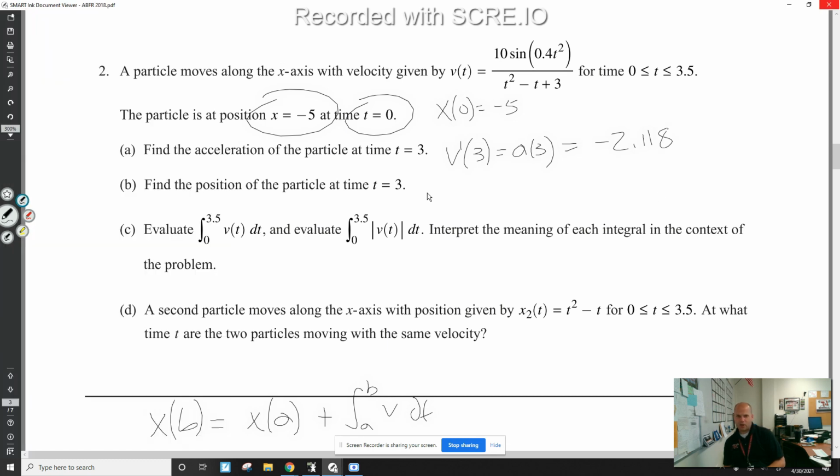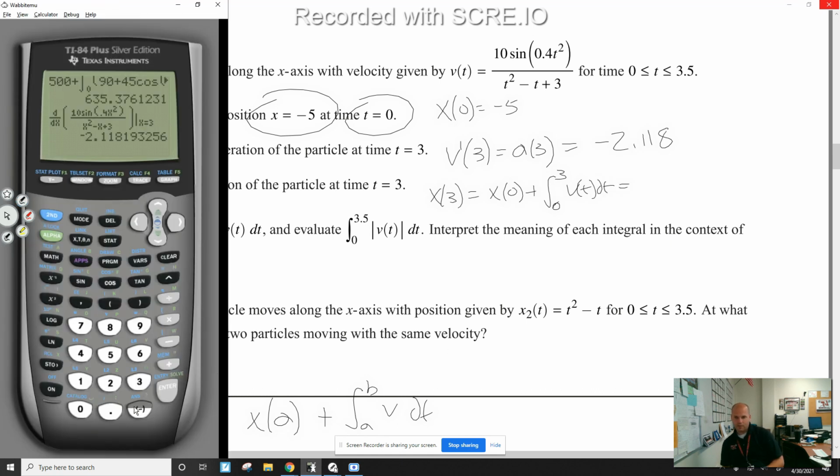Find the position of the particle at time 3. Oh my goodness, here it is. You're going to use it so often on the calculator portion. It always shows up. Sometimes it shows up on the non-calculator portion, but on the calculator portion, this is guaranteed to show up at least twice. So we have negative 5 plus math 9, the integral from 0 to 3 of this guy.